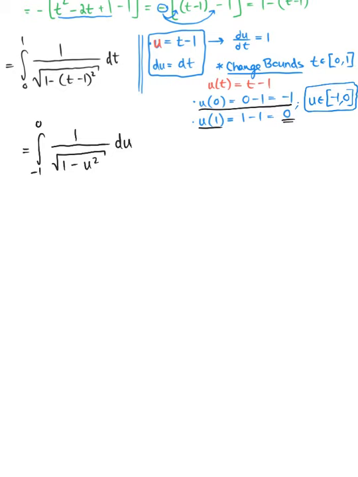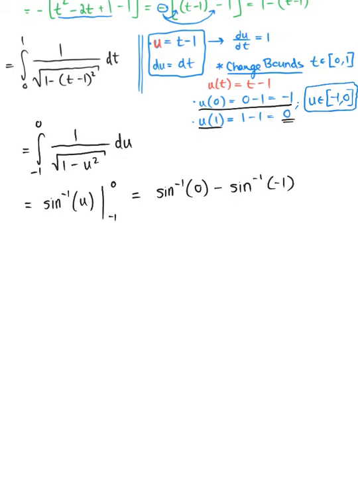And hey, this is a general antiderivative. Woohoo! This integrates to inverse sine or arc sine of u. And we're ready to go right ahead and evaluate from negative 1 to 0. So let's see, we have arc sine of 0 minus arc sine of negative 1.